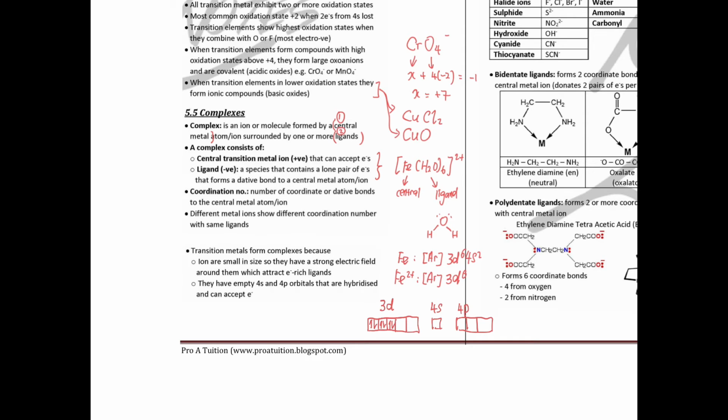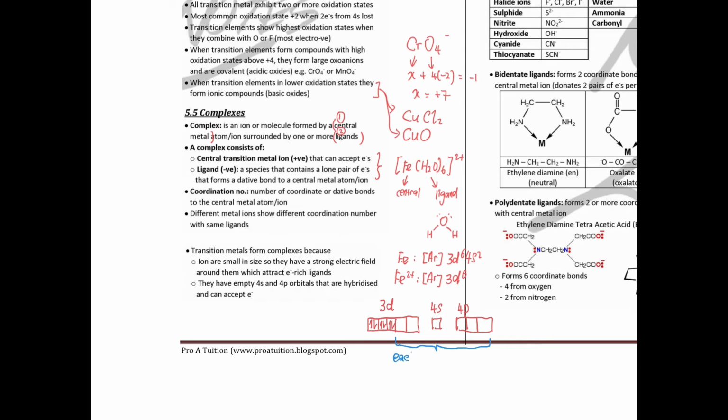So in that case, you should be able to imagine there are 6 empty orbitals remaining: 1, 2, 3, 4, 5, 6. 6 empty orbitals. 2 from 3d, 1 from 4s, and 3 from 4p. So there are 6 empty orbitals here.